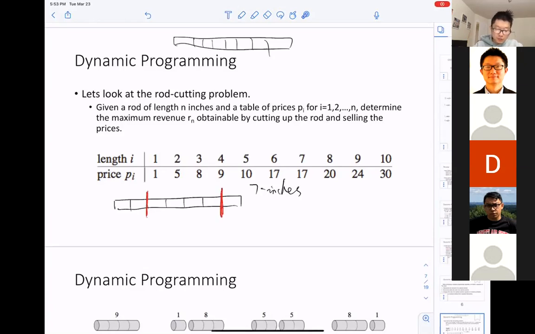a length 2 inch one, and a length 4 inch one, and a 1 inch long one. So if we cut a 7 inch rod into these 3 pieces, how much money can we make?